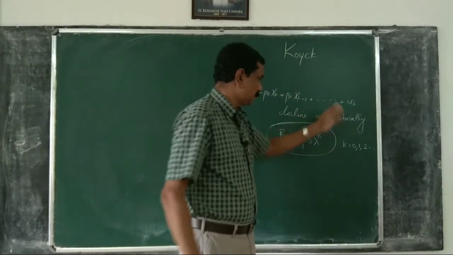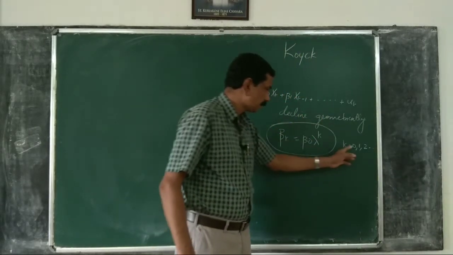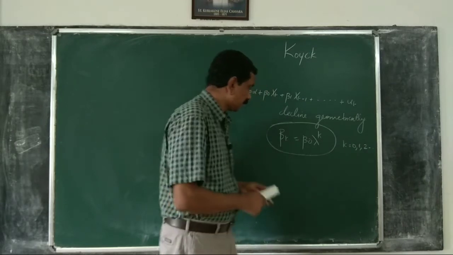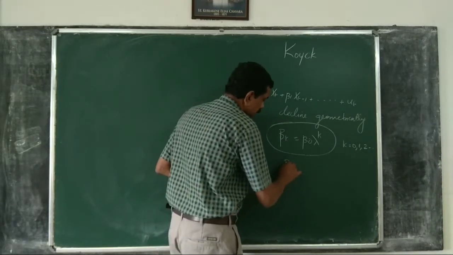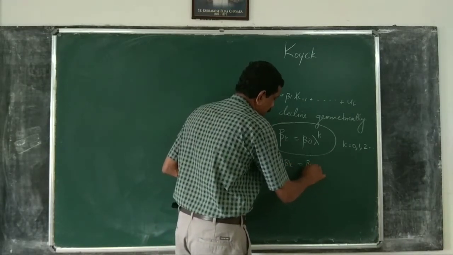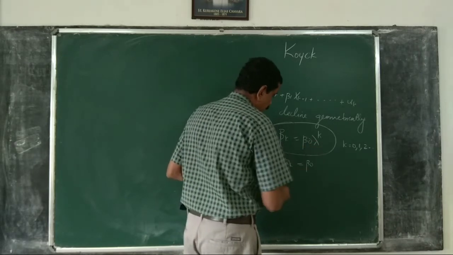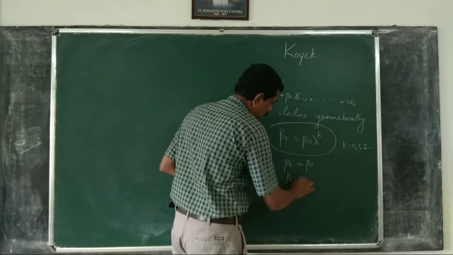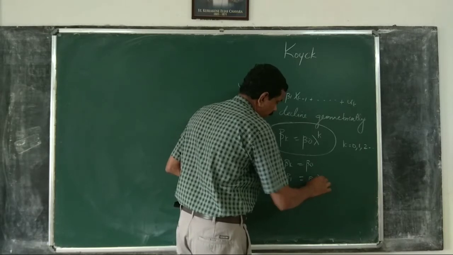up to infinity. If k is 0, you have beta 0. If k is equal to 1, beta 1 is equal to beta 0 lambda.